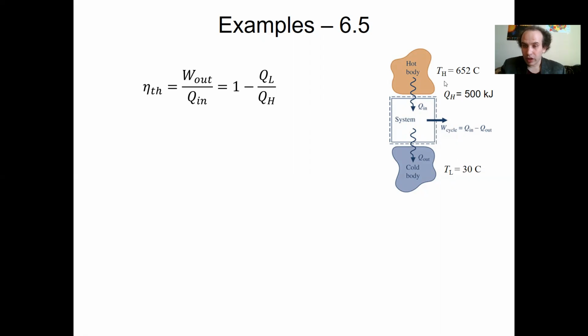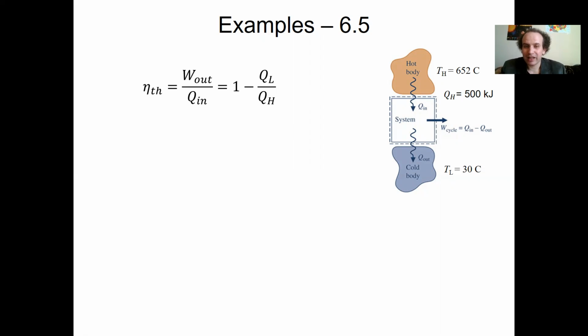Come back here. So how to solve this problem? How to solve this example? How do you find efficiency? I write my efficiency is work out over Q in, and this is my formula. So how many equations do I have here? I have two equations, right? Because there are two equal signs, so it's two equations. For two equations, I should have two unknowns.